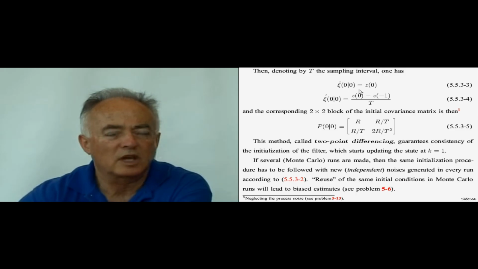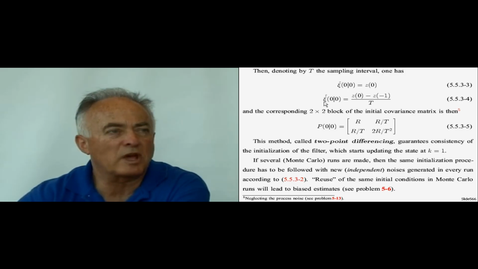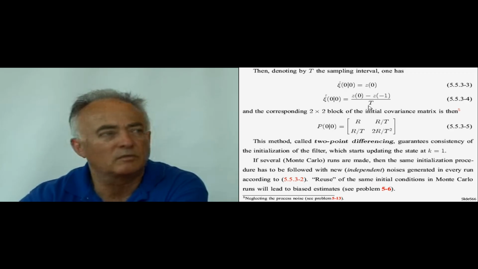We can calculate the initial velocity by differencing those two measurements. That's called two-point differencing, and divide by T.